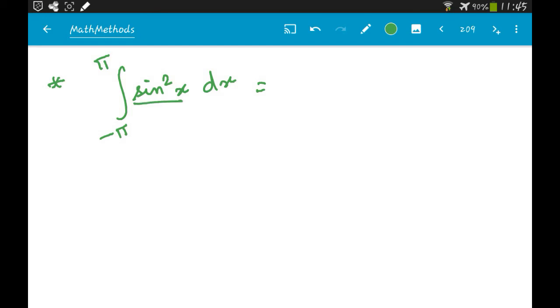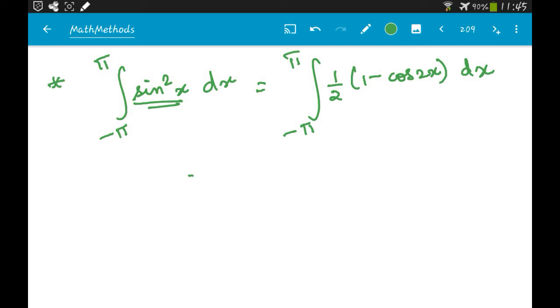You can convert sine square x into a cos 2x function so that the integration becomes easier. So this is written as half into 1 minus cos 2x dx, which is nothing but half integral dx from minus pi to pi minus half integral cos 2x dx from minus pi to pi.